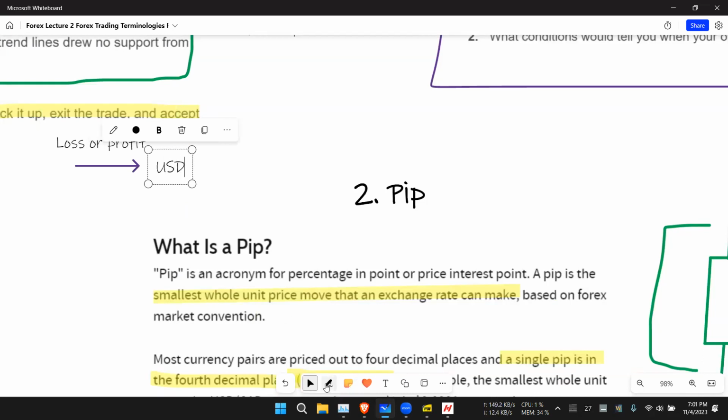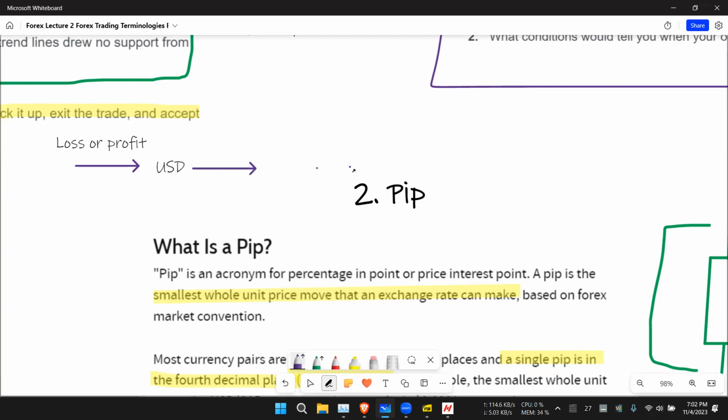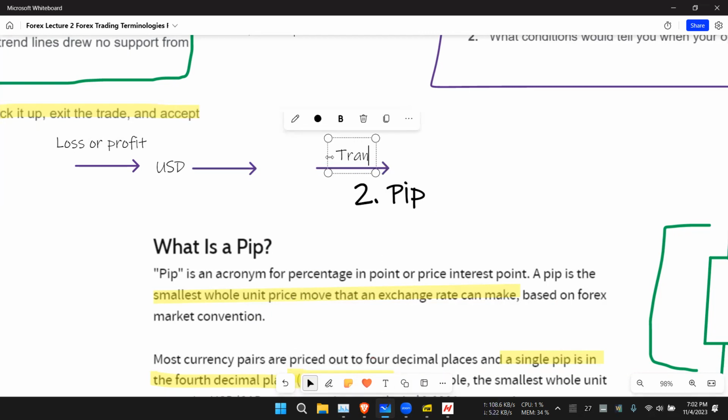in USD, right? And we want to translate this loss or profit to euro, right? We do it in pips. We need to have some kind of standard in between that can help us translate between these currencies, right?